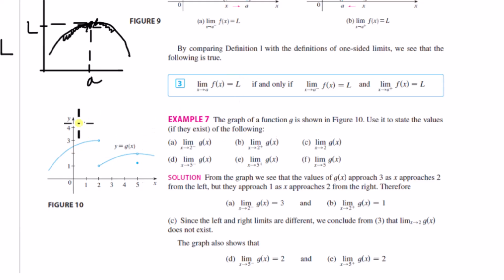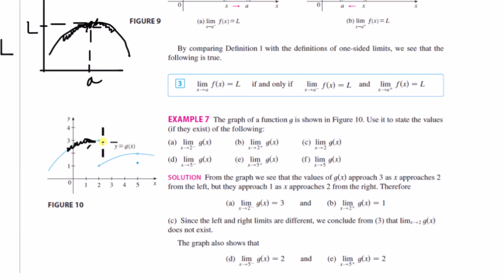So, okay, based on this graph here, let's state what these limits are. So what is the limit as x approaches 2 from the left of this function, g of x? So we're coming from the left of 2 right now.